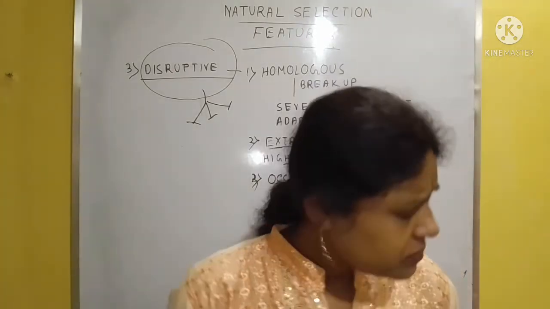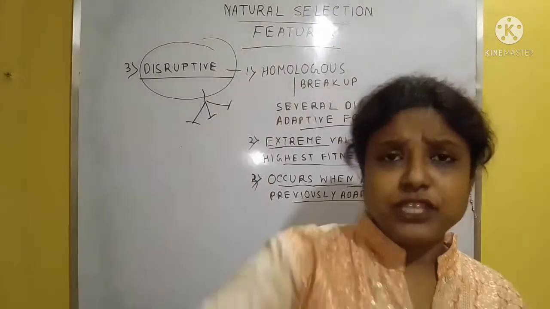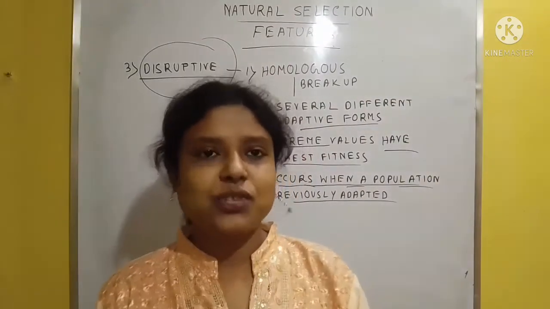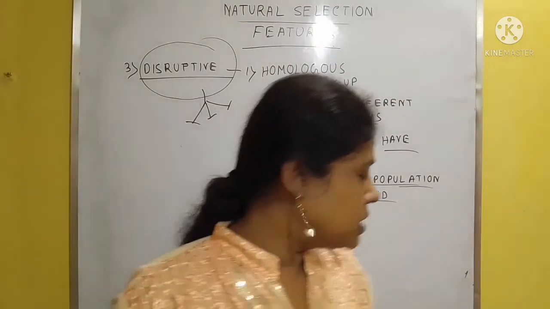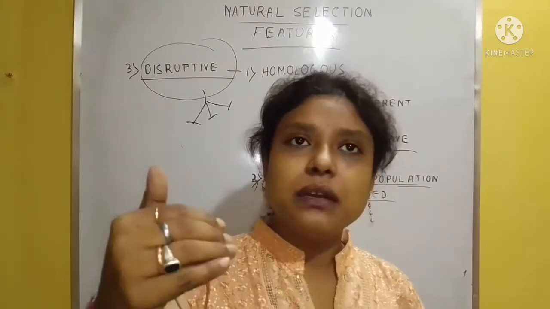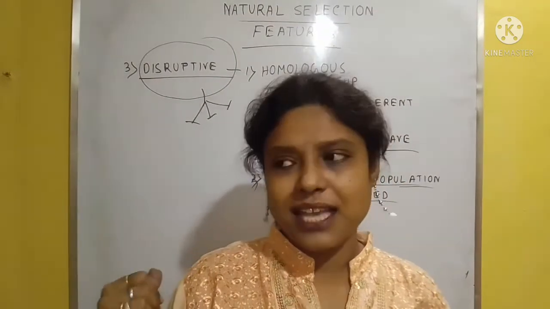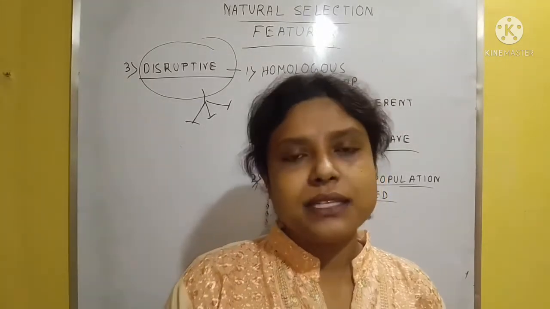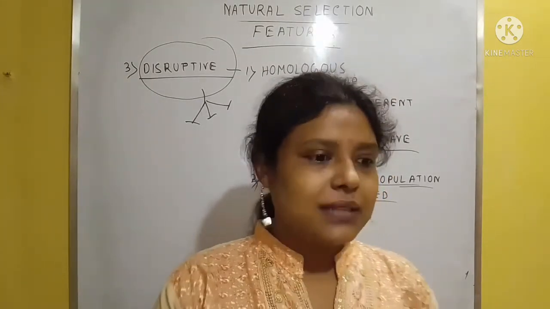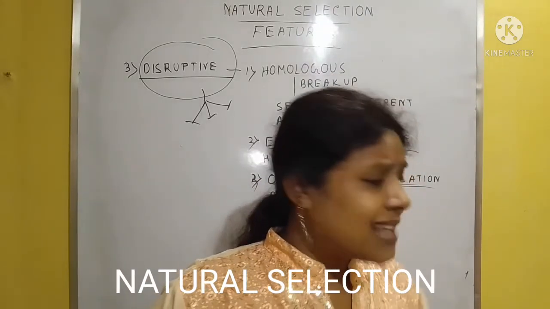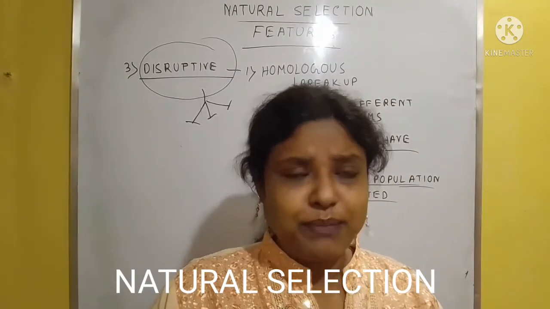Okay, so these are the features of different types of natural selection. In my previous video I explained the three types, and here I explained the features that arise within the species that are selected in that way. Okay, so here the natural selection topic is completed. Clear?